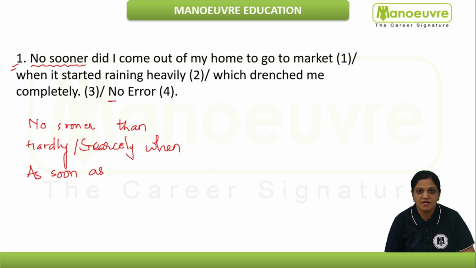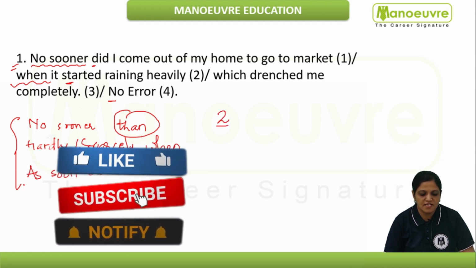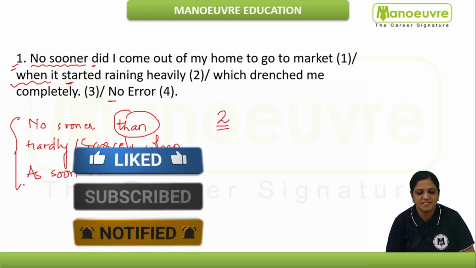This is our basic knowledge, we know how these words are used together. Here, no sooner did I come out of my home to go to market. As you can see, this second incident has just taken place after the first part of the sentence. So here, instead of when, the word which we are going to use is then. Hence we can conclude that there is the error in the second part of the sentence.